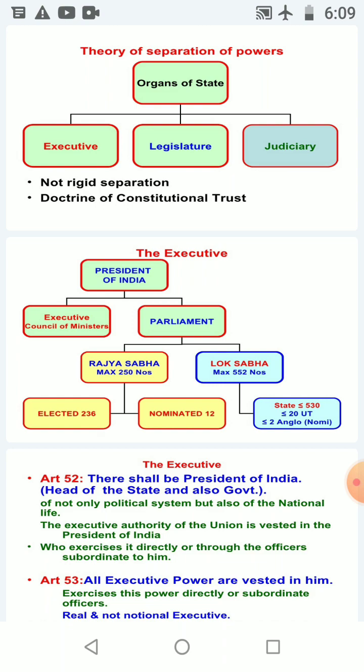In January 2020, by the 104th Constitutional Amendment Act 2019, the membership of Anglo Indians was abolished. Currently, the Lok Sabha has 543 seats for elected members. You must go through this concept map for understanding.